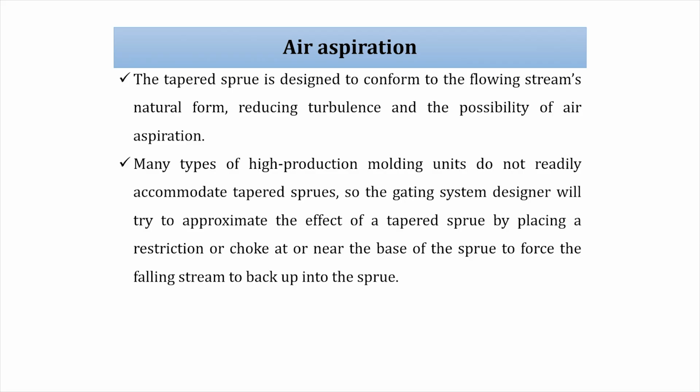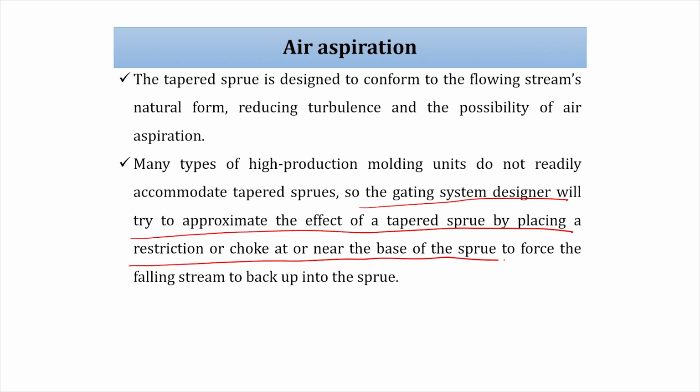Many types of high production molding units do not readily accommodate a tapered sprue. So the gating system design will try to approximate the effect of a tapered sprue by placing a choke near the base of the sprue to force the falling stream to back up into the sprue. We will understand this.